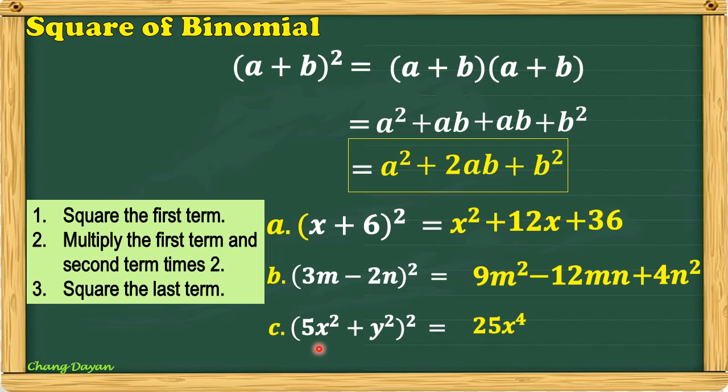So 5x squared times y squared times 2, and that is 10x squared y squared. Next, square the last term, y squared times y squared, and that is y to the fourth power. So our answer here is 25x to the fourth power plus 10x squared y squared plus y to the fourth power.